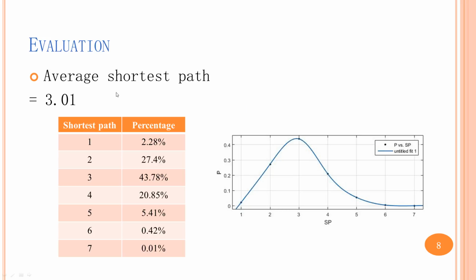The average shortest path is 3.01, which represents the average number of flights that need to be taken per trip in the United States. The shortest path distribution also shows that 94% of paths need at most 4 flights.